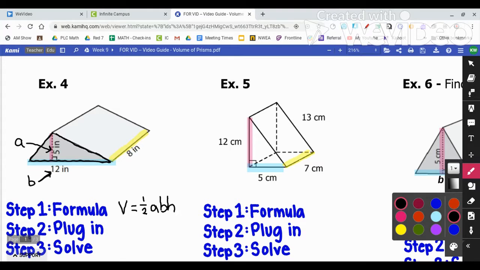That's my B. And then H is the height of the prism. It's the side that connects the two triangular bases together. So all you have to do is plug those numbers in and then multiply to find your volume. And the volume of this shape is 240 inches cubed.